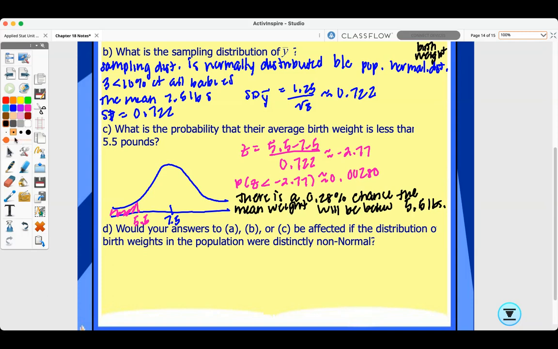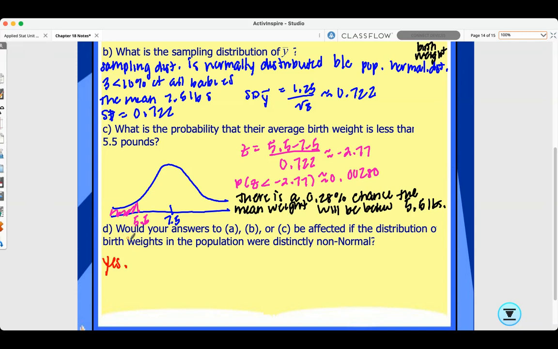Yes. The normal distribution would not be able to be used. The sample size is too small for the sampling distribution to be normal. Okay.